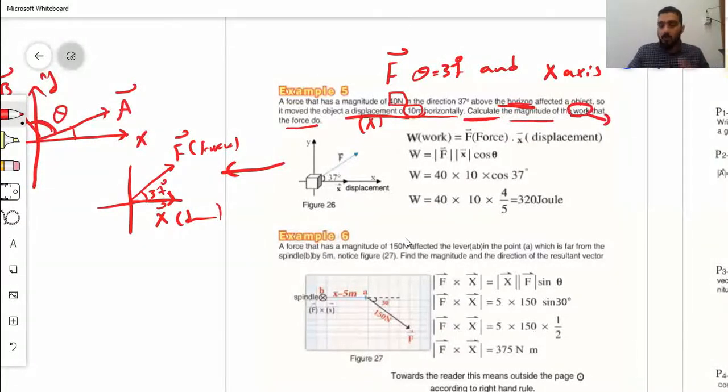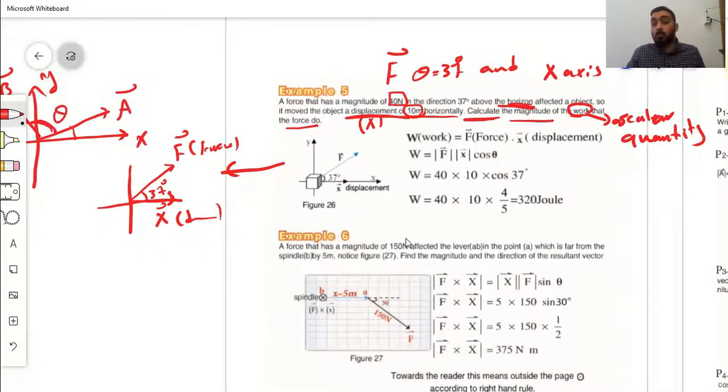We know the work is a scalar quantity, which means we will use the law of the first way of multiplying vectors, the dot product or scalar product. Okay.